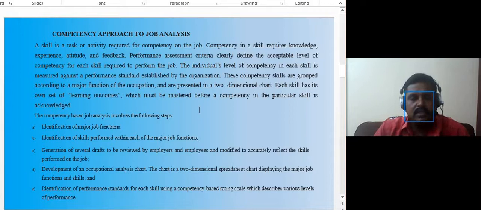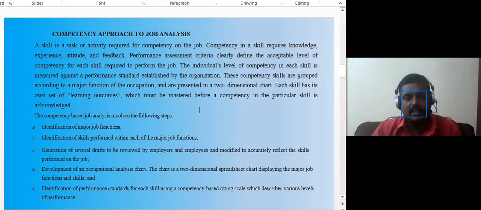The chart is a two-dimensional spreadsheet displaying the major job functions and skills. Then identification of performance standard for each skill using a competency-based rating scale, which describes various levels of performance.